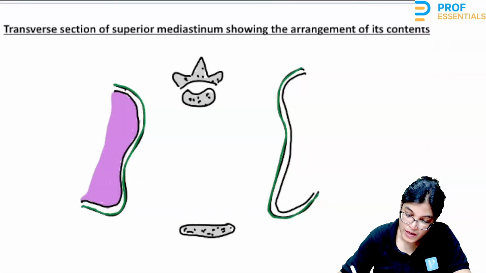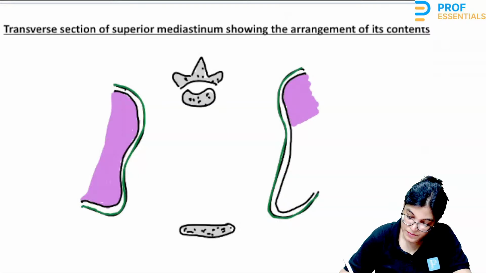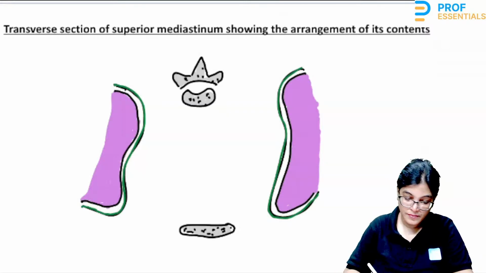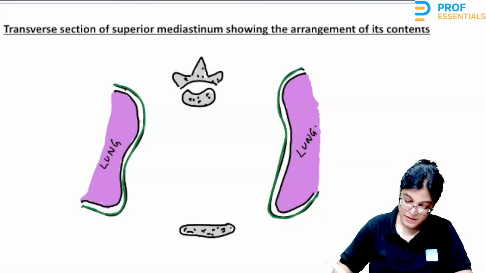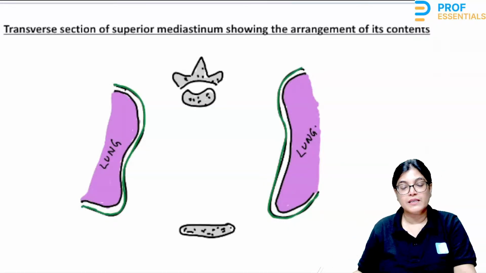Okay, this is the lung on either side. You can just label it also. This is the lung, this is the lung of the other side, and this lining is the mediastinal pleura.